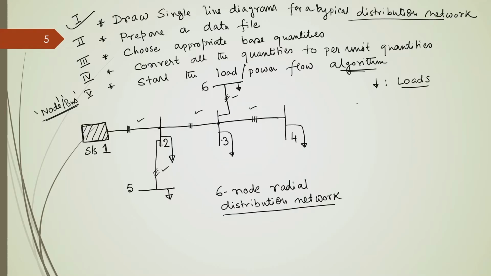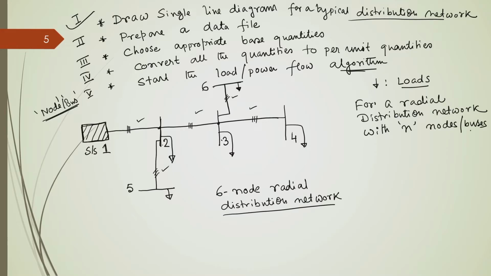So, this is another thing that you should understand for a radial distribution network with n number of nodes or buses, whatever you may call, we prefer this terminology nodes.